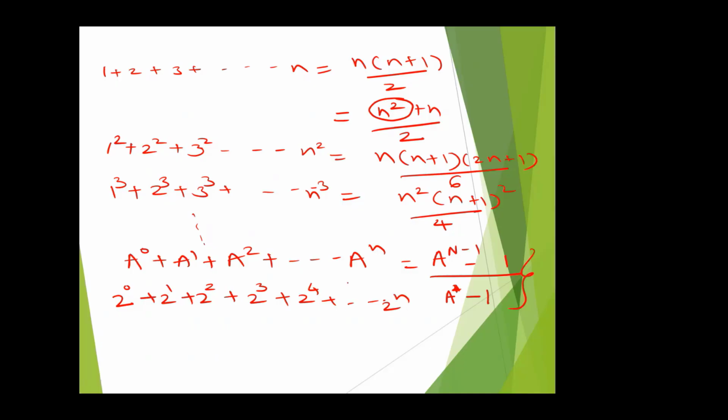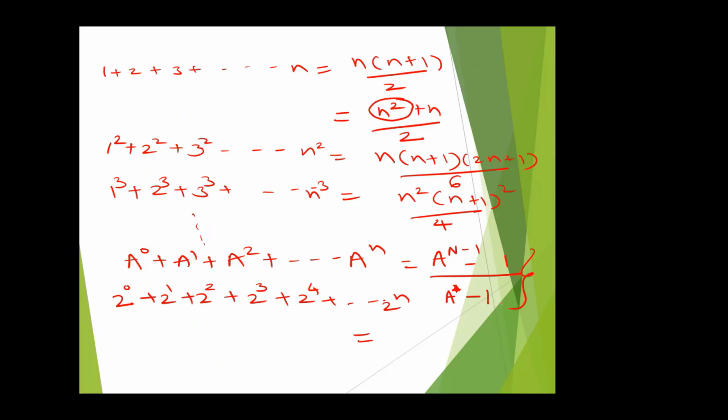So if we have this formula handy, it becomes very easy to find out the time complexity. So if you observe that there are some loops which are running in this particular manner, and we have to find out, then we know that we have this formula for the series, a raised to n minus 1 divided by a minus 1.